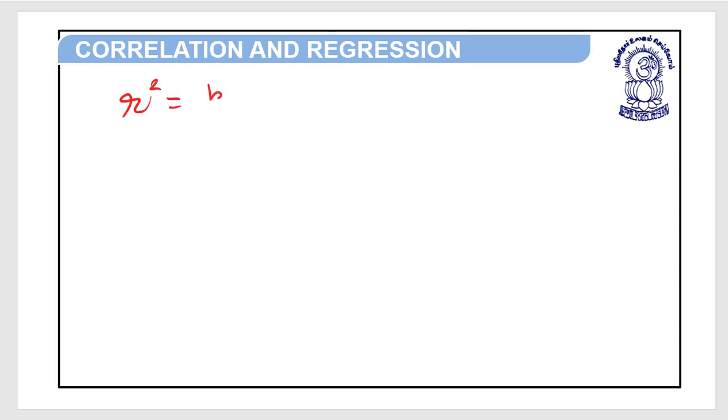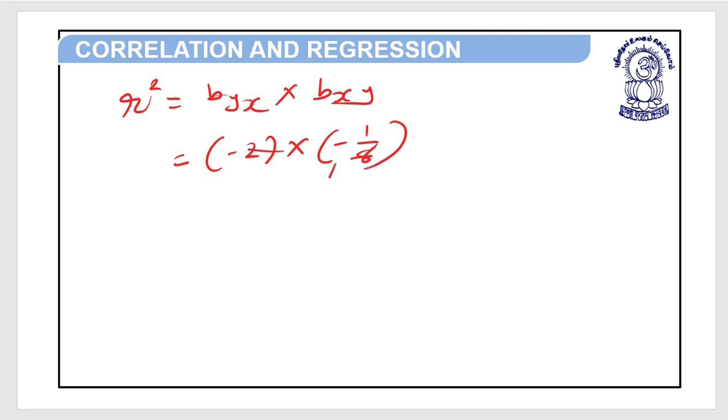R square is equal to byx into bxy. Byx is minus 2 into bxy minus 1 by 8, 2 into 1 by 8 is 1 by 4. So r is equal to under root of 1 by 4, which is 1 by 2, that is 0.5.